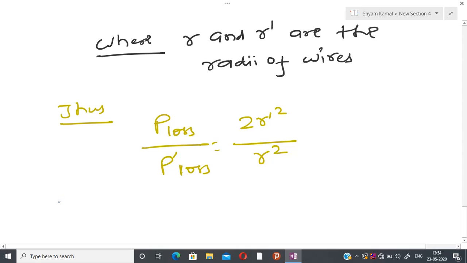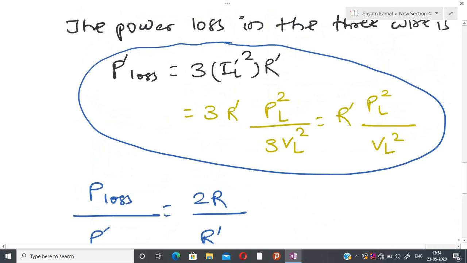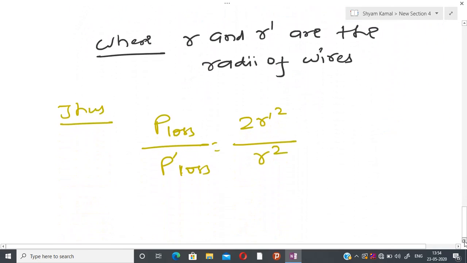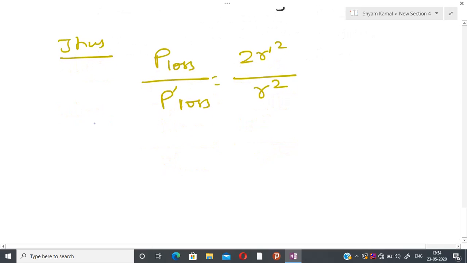Somehow lastly I have to talk in terms of the material, and here material involved is wire. So after deriving this expression of the power loss in terms of the radii, now I have to go for the further analysis.